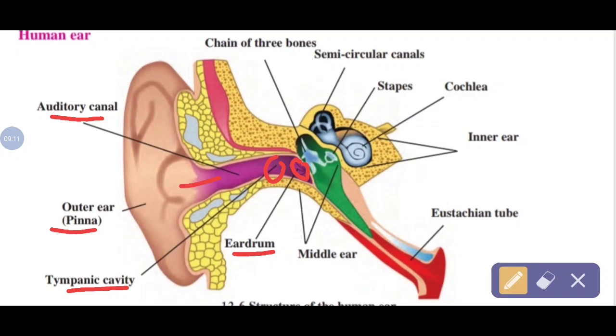Then middle ear, this arrow is showing here. Now check that. Now one part is showing here, a chain of three bones. Check here. Clear? Next, the semicircular canal.